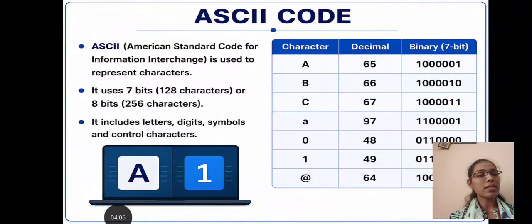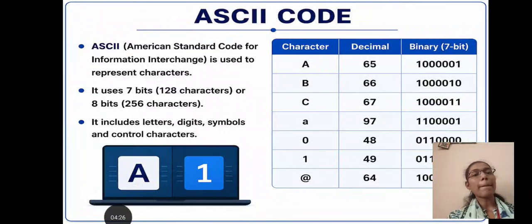So they have some difference. It includes letters, digits, symbols, and control characters. In this table we see characters, decimals and binary in 7 bits or 8 bits as we wish. So this is known as ASCII code.